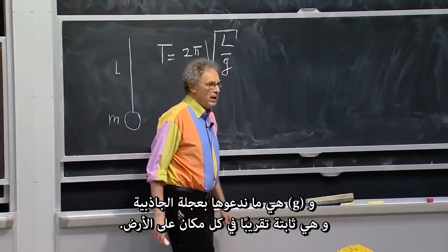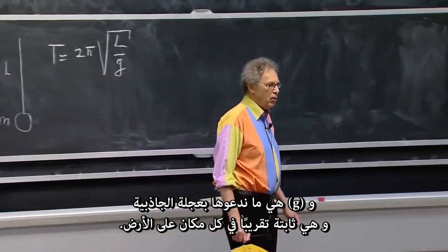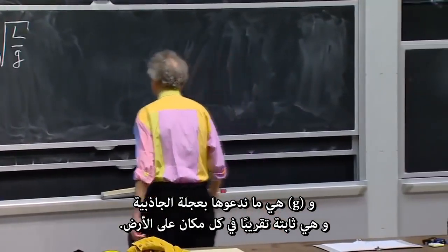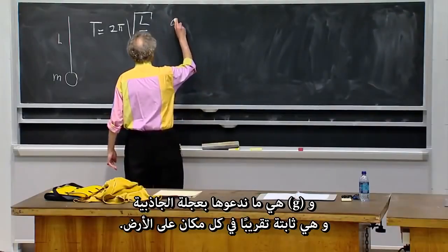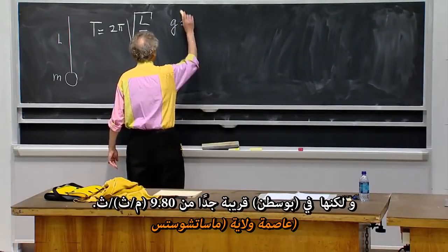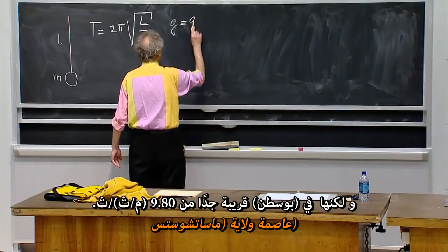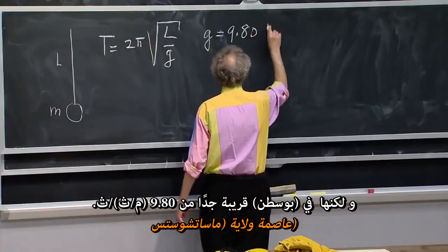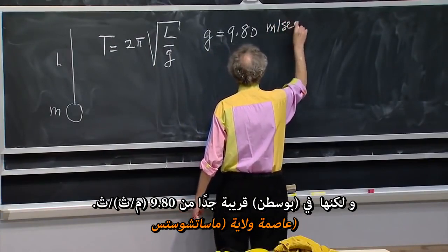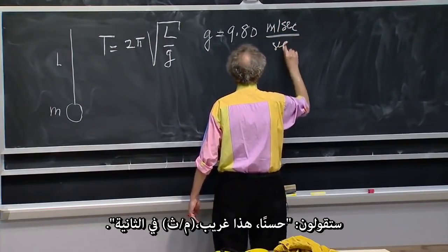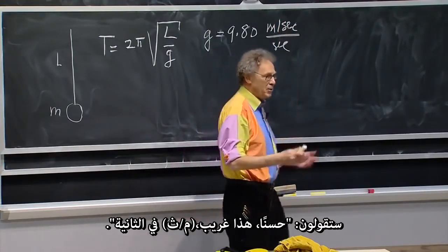And G is what we call the gravitational acceleration, which is approximately the same everywhere on Earth, but it is very close in Boston to 9.80 meters per second per second. You will say, well, that's weird, meters per second per second.